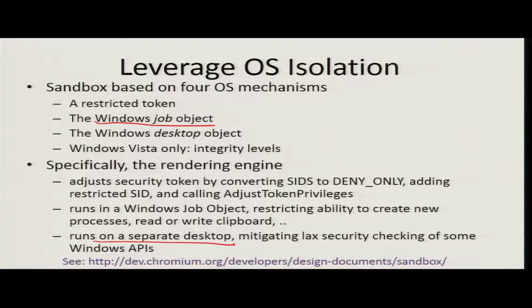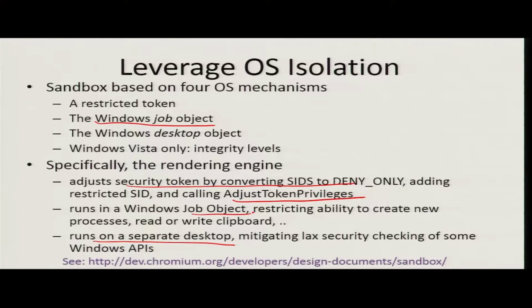You actually use a security token that is made restricted. Remember we talked about the security tokens with SID inside them in Microsoft. They adjust the security level into a deny-only restriction, and for that they call AdjustTokenPrivileges, and as I said, it runs in a Windows job object.